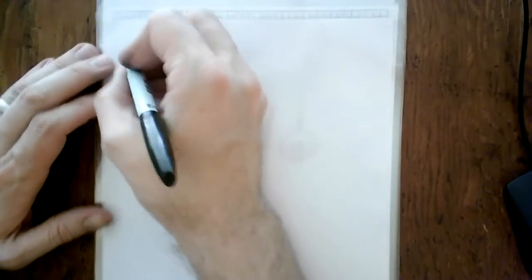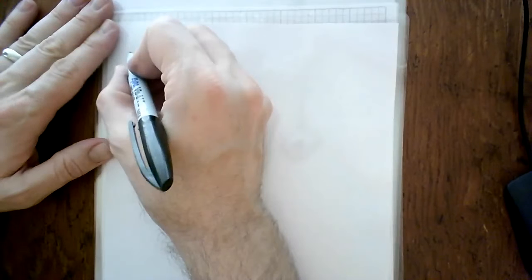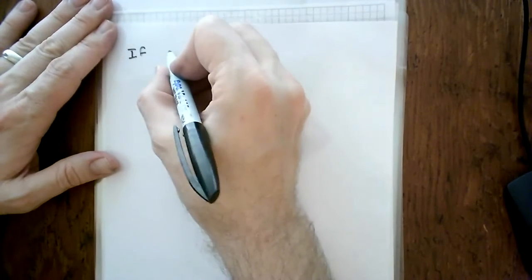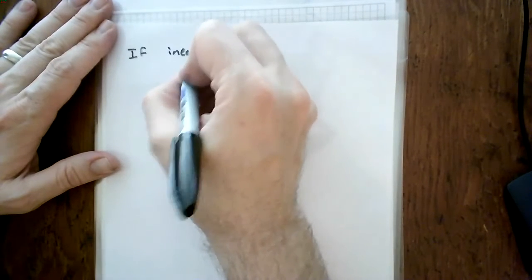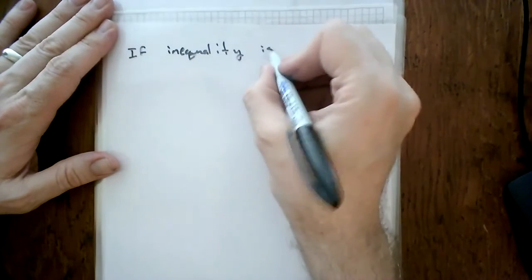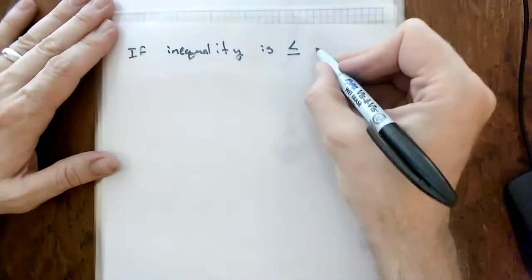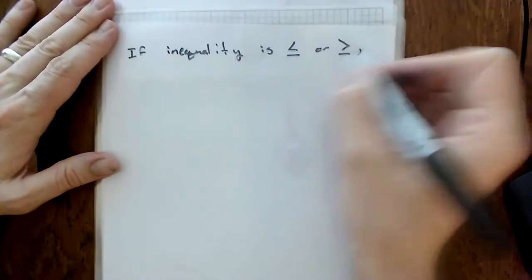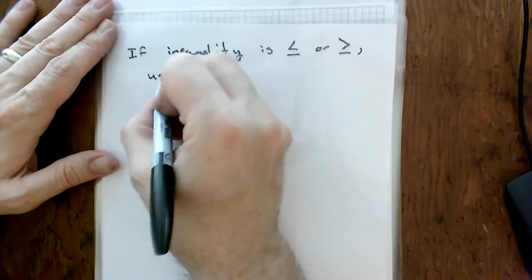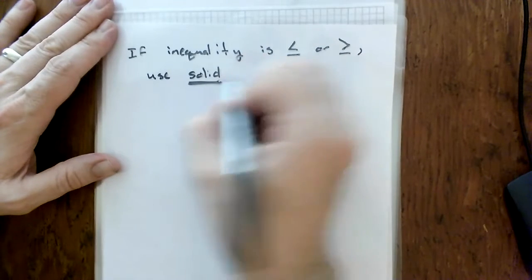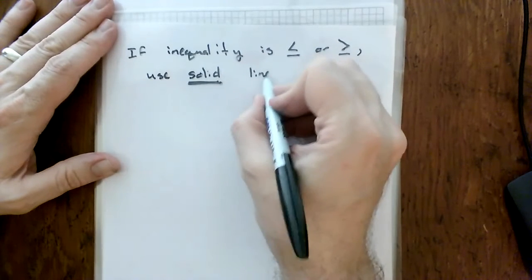So the first thing here is, if your inequality is less than or equal to or greater than or equal to, then you are going to use a solid line.